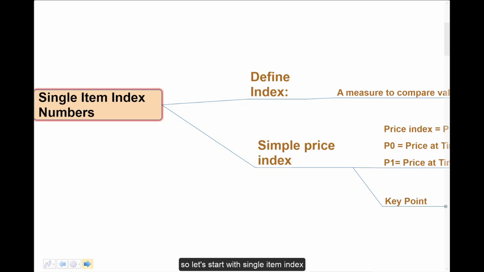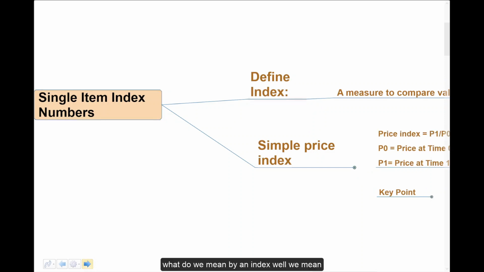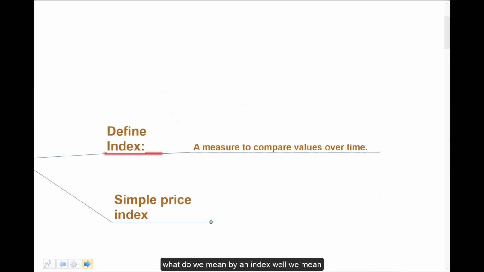So let's start with single item index numbers. Now, exactly what do we mean by an index? Well, we mean some sort of measure or metric to compare values over time, between 2024 and 2021 as an example.